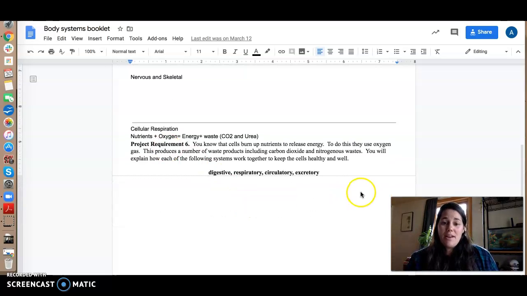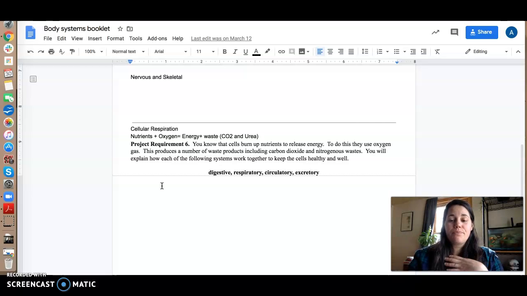There's also a spot here to remind you that you need to also include information about this 6th project requirement. So we need to talk about the digestive, respiratory, circulatory, and excretory systems and how they all work together for our cells.